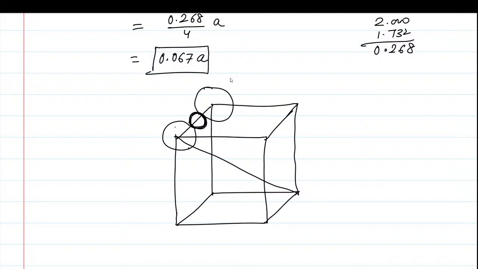If this radius is small r, this radius is also small r, then the edge length is A, the total length is A minus 2r, that is the diameter of the sphere, and if it is divided by 2, that is the radius of the sphere which can fit in that particular place. A minus 2r, and r for BCC we have as under root 3A by 4.